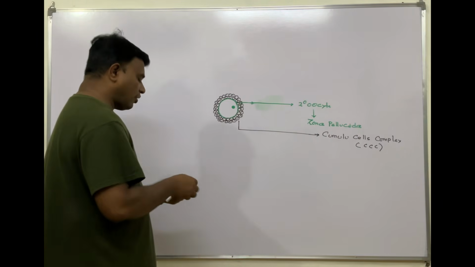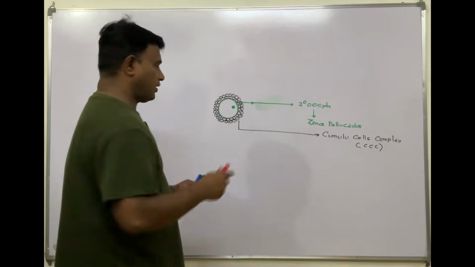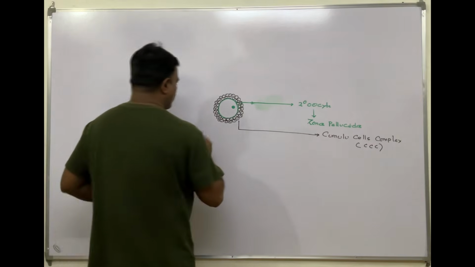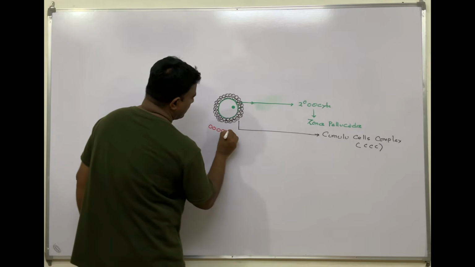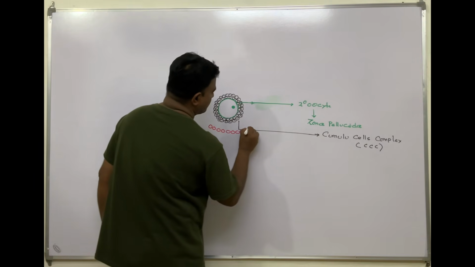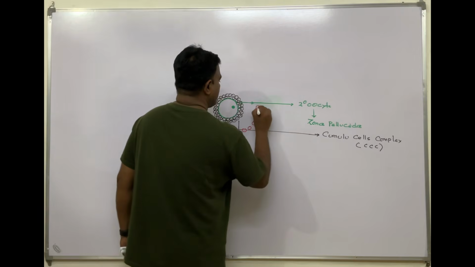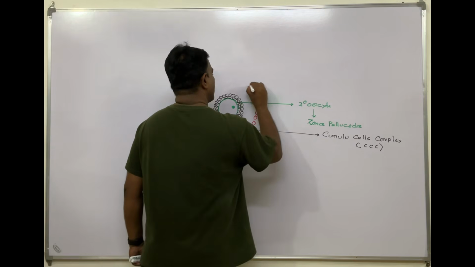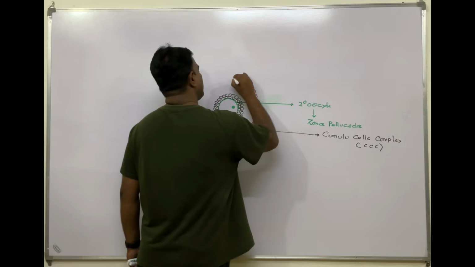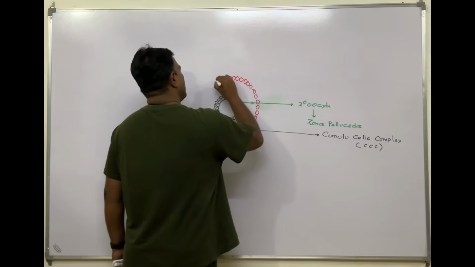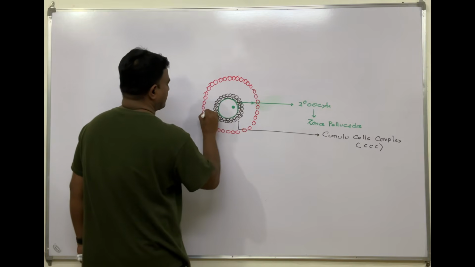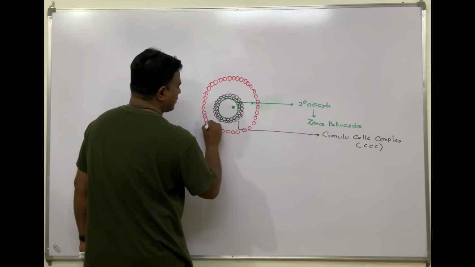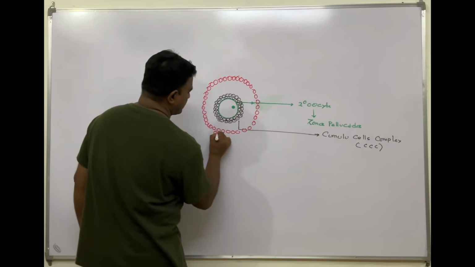After that, now you see in the red color, there are multiple layers of cells. They are present surrounding the secondary oocyte along with the cumulus cells. They also show junctional complexes.